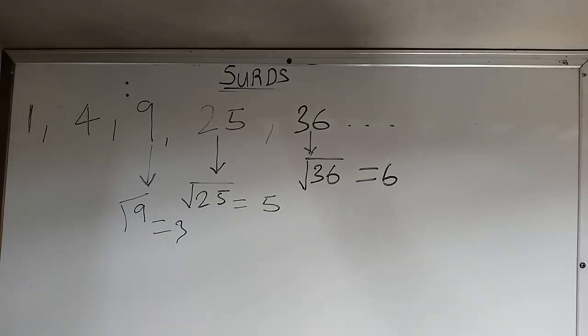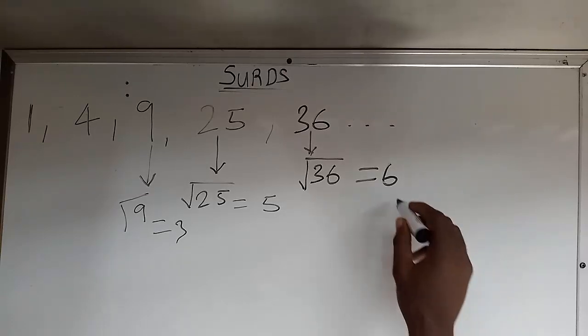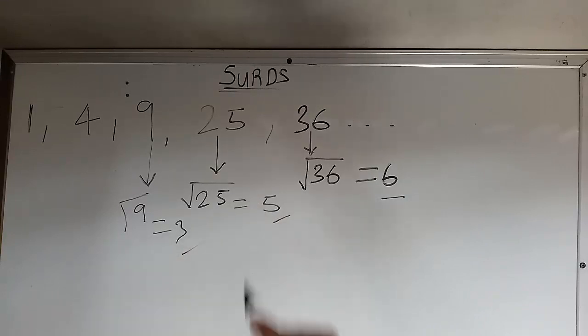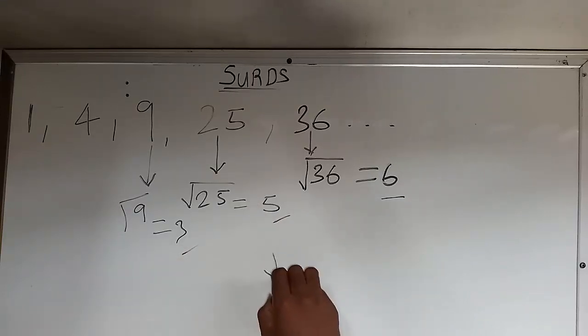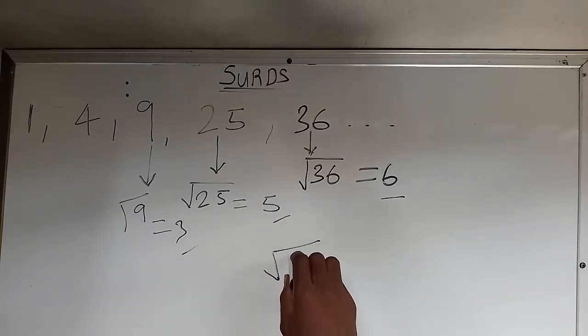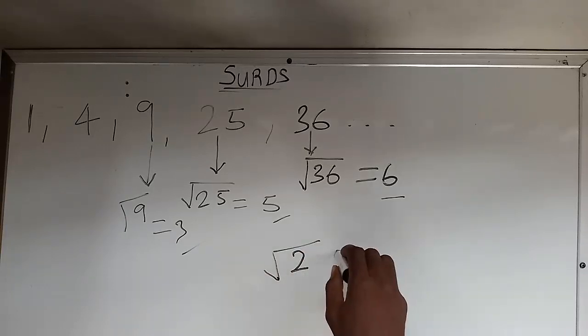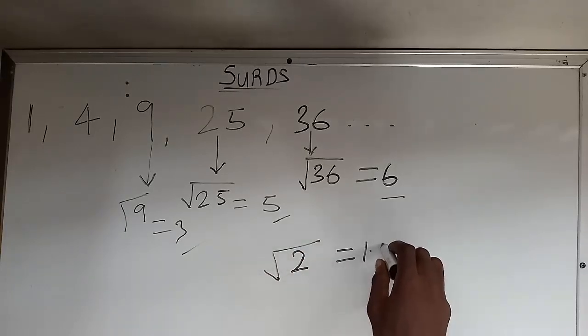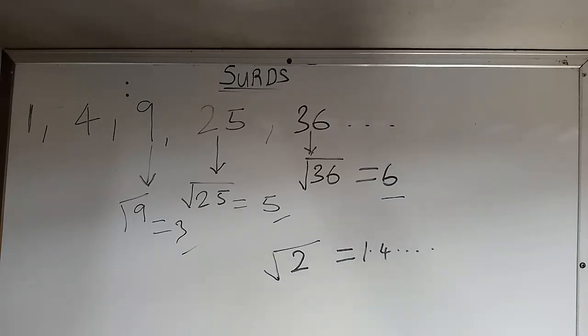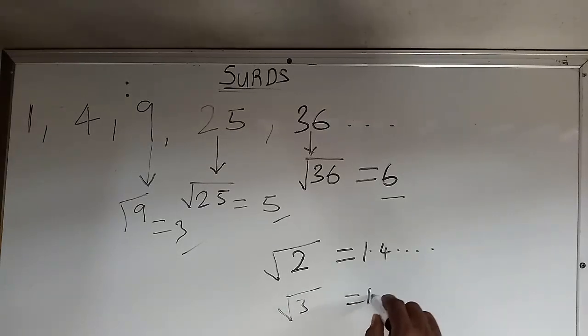So we have some numbers that if you take their square roots, you don't get exact values like this. For instance, if I take the square root of 2, I get 1.4 something. Then if you take the square root of 3, you don't also get an exact value, you get 1 point something.